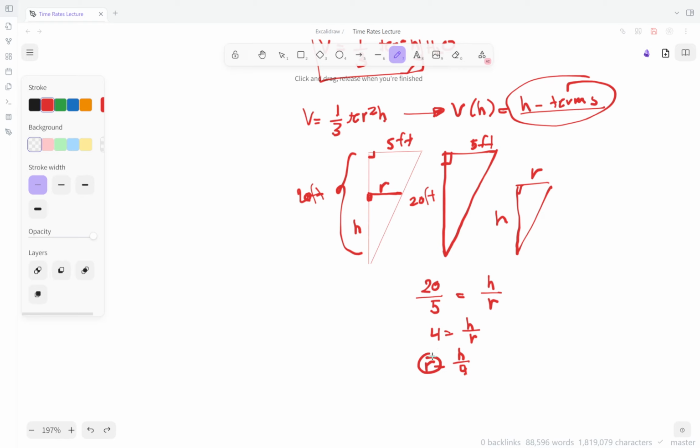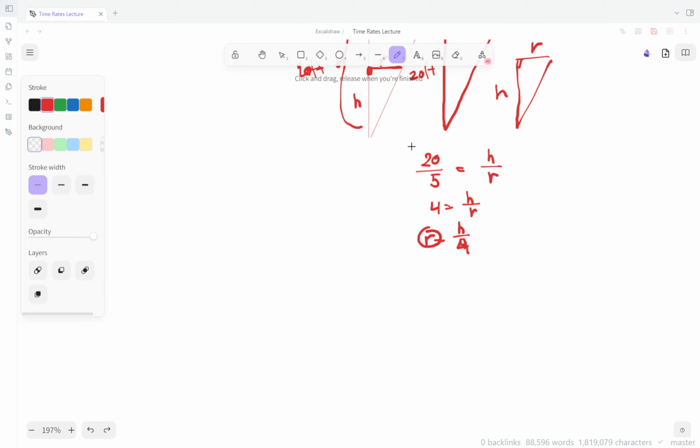So we're going to take advantage of r being h over 4 and replace our value of r here so that all of the variables on the right side for our volume are now all with respect to the height. So what does that give us? Well, we started with 1/3 pi r squared h.